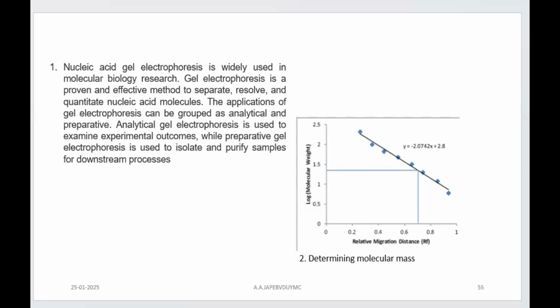On the graph, you have on the x-axis mobility on the electrophoretic gel, and on the y-axis you have molecular weight. Of course, it is the log molecular weight value, because the range of protein molecular masses is going to be too diverse. So you have to use the log molecular weight as an indicator, right?